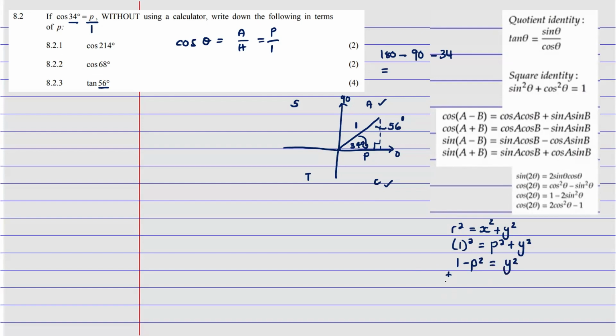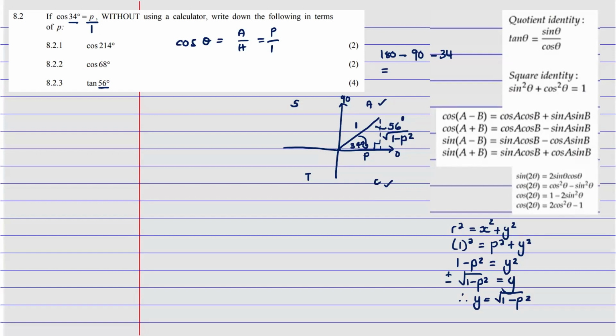So y is plus or minus the square root of 1 minus p squared. Now we need to check where y is. y is on the positive side, so y is equal to the positive square root of 1 minus p squared. Is everyone okay with that?